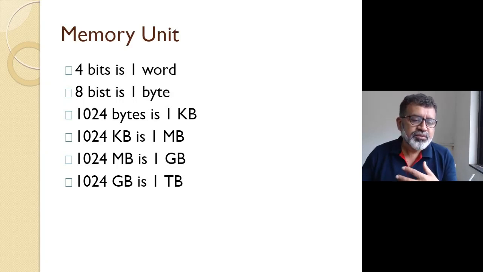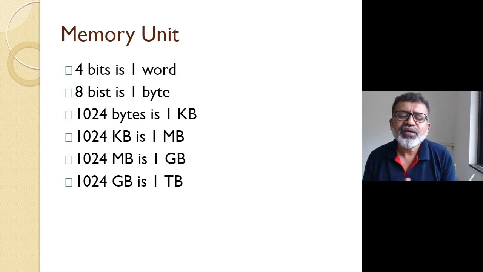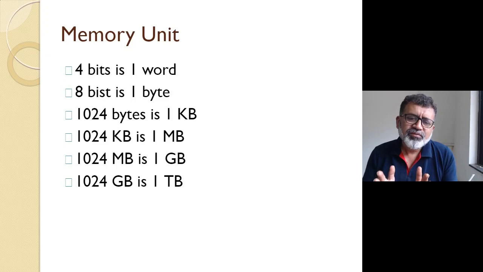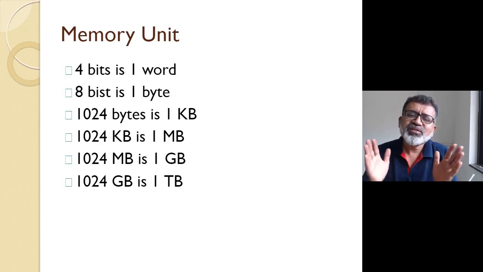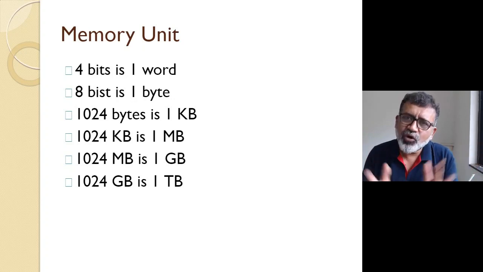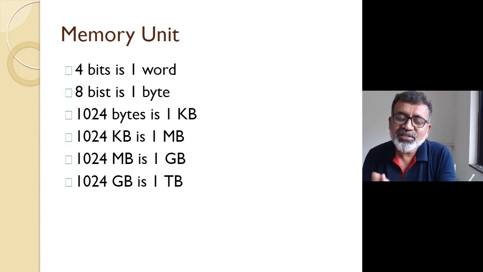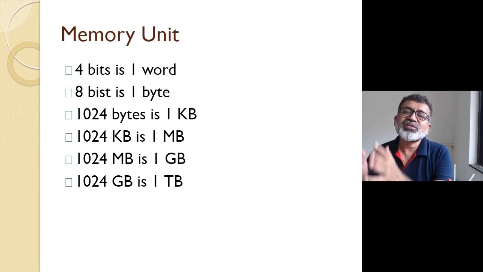Somebody is asking me a question. Somebody is saying 16 bits is one word. What I told you, 4 bits is one word, was from when machines were small. Word length may vary depending upon the compiler and the machine's instructions, whether it is 32 bits or 64 bits.